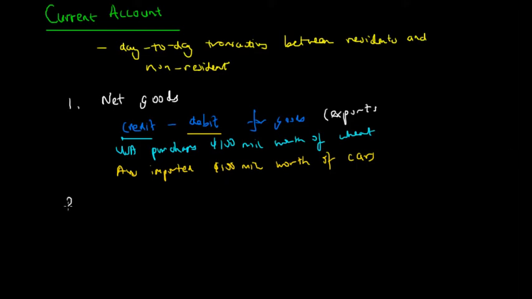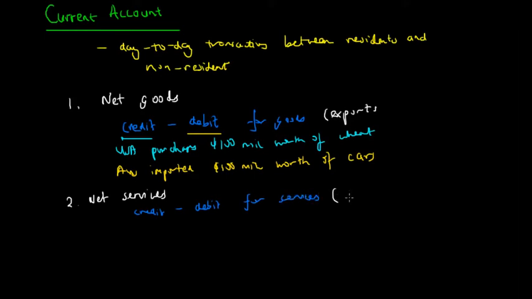Secondly, we have what is called net services. And this is typically the same as goods, except instead of looking at tangible items such as wheat or cars, we're looking at services. And services include tourism, education, transportation, etc. So again, we have credit minus debit for services.